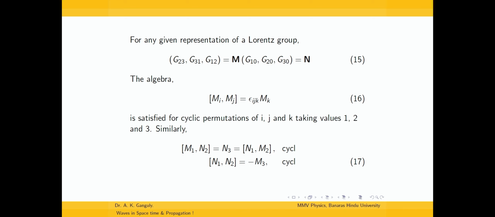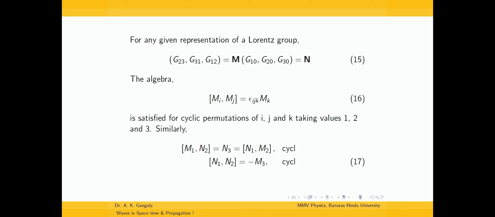So, each one of the quantities G23, G31 and G12 are essentially 4 by 4 matrices, and so is the case for one spatial and one temporal component of G, that is G10, G20, G30.